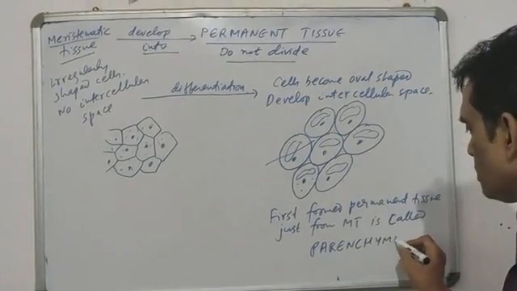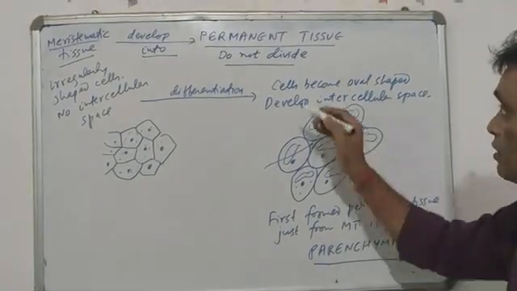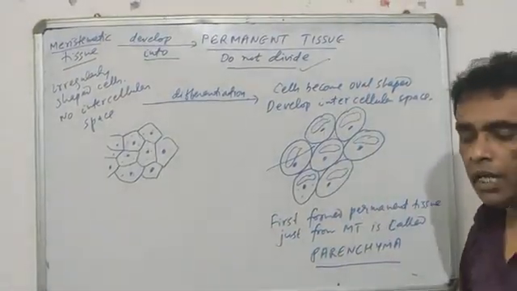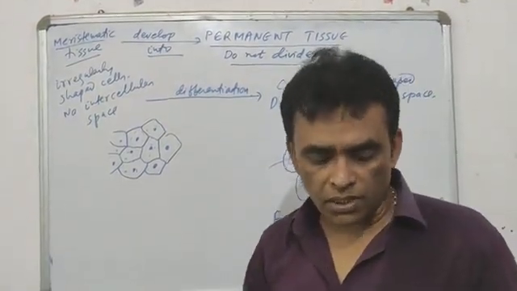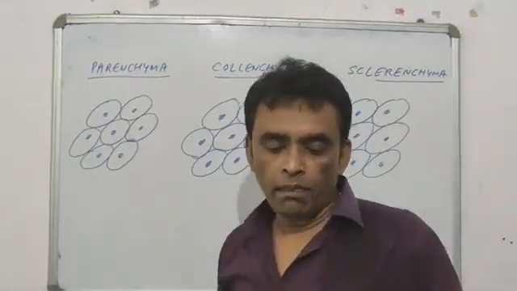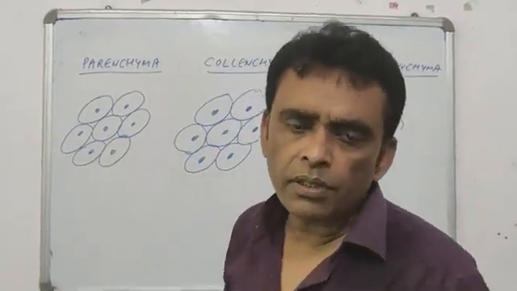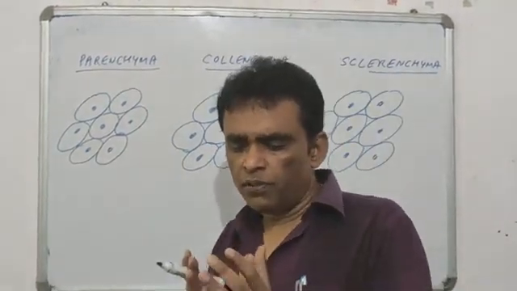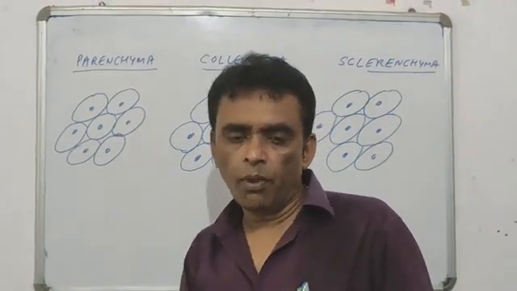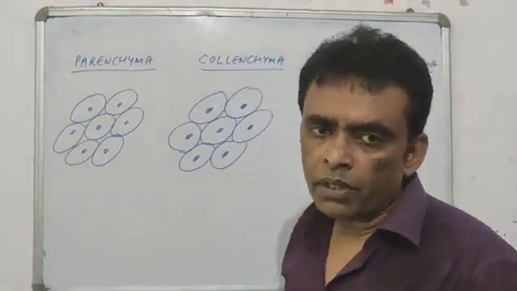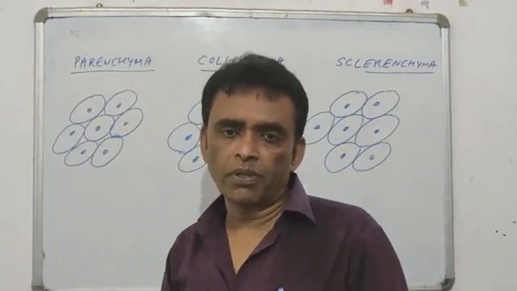It is known as parenchyma. That is the first permanent tissue that develops, and then this parenchyma changes into other structures. We'll just now say. So as discussed, the first differentiated tissue from meristematic tissues, the moment they stop dividing only for one purpose.